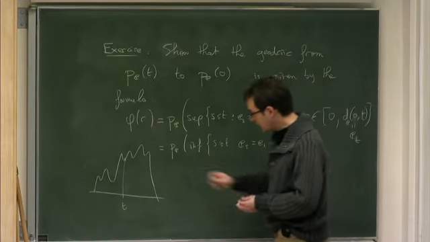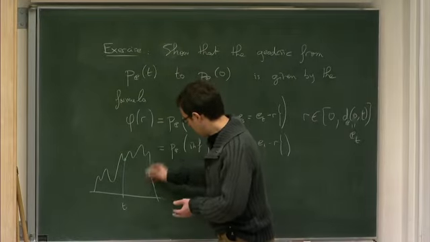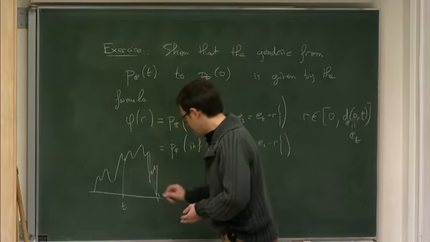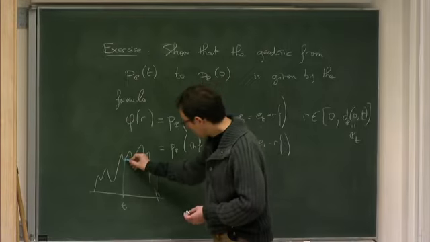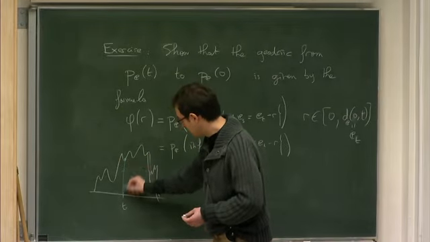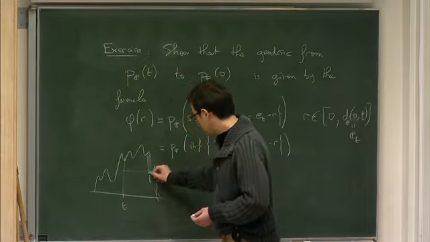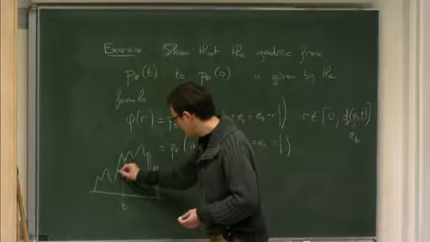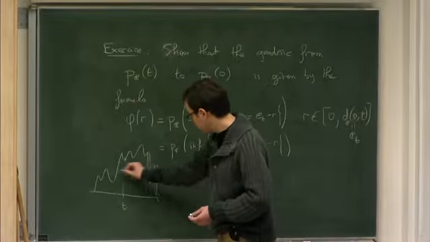So on a picture here, maybe let's make a slightly more complicated picture. It means that for every r between 0 and e(t), you look at the last time before t and the first time after t where you attain this level.